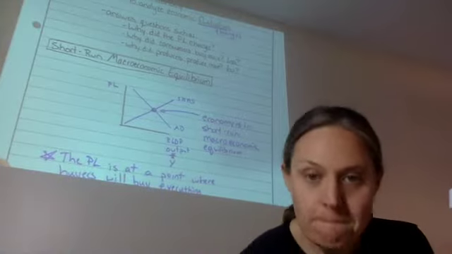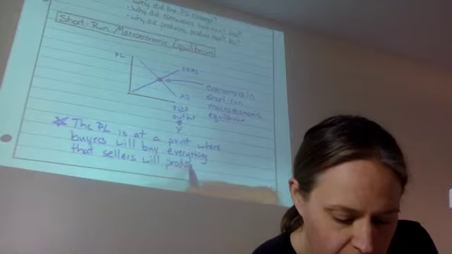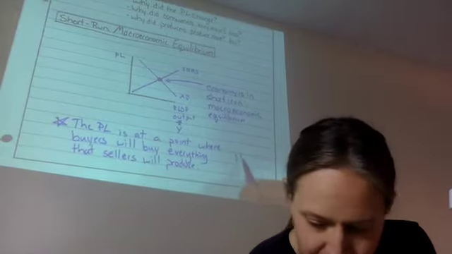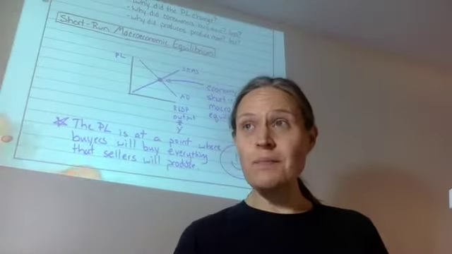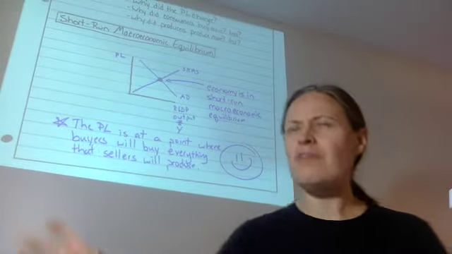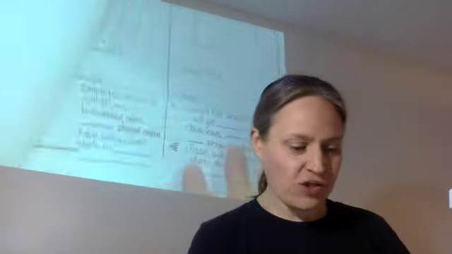So again, that market clearing thing. And we're going to give that a happy face because that's where we want to be. That's a good thing. I'm just going to adjust this. Okay. Well, let's go to page 2.